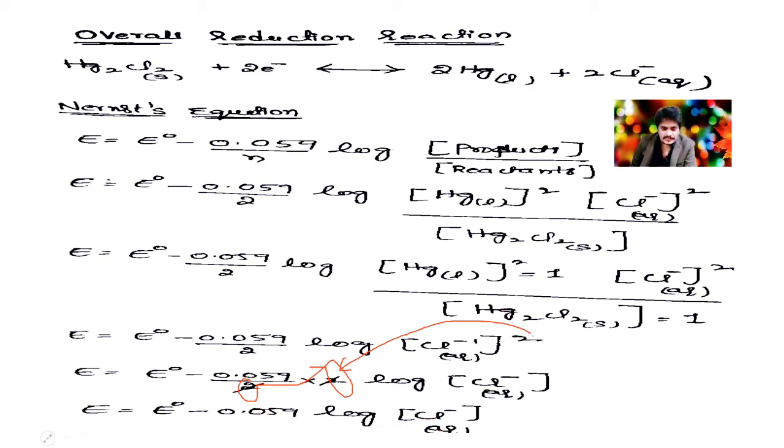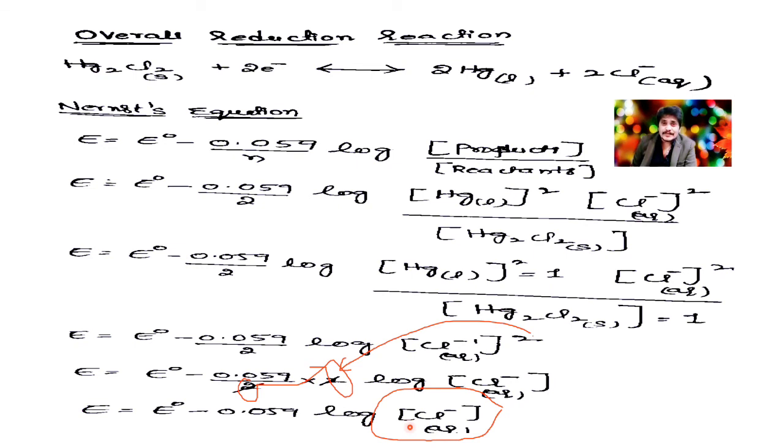So based upon this particular Nernst equation, it is very clear that the saturated calomel electrode functioning totally depends upon the concentration of the chloride ions. Since it depends upon the concentration of the chloride ions, we have 3 types of calomel electrodes based upon the concentration of the chloride ions.